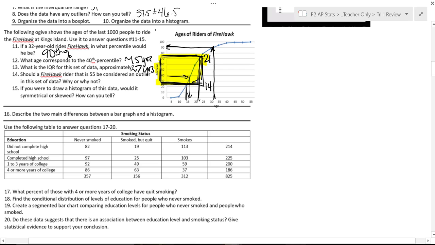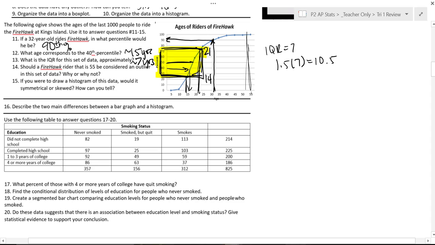Is 55 considered an outlier? If my IQR is 7, 1.5 times 7 is going to be 10.5. So when I look at 10.5 from my median, remember your median is at 50%, my median is almost exactly 19.